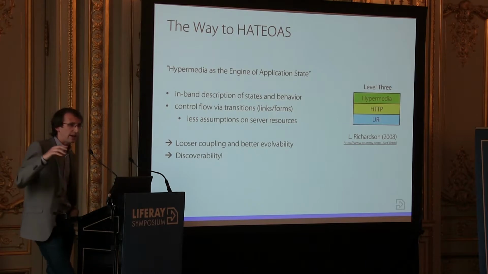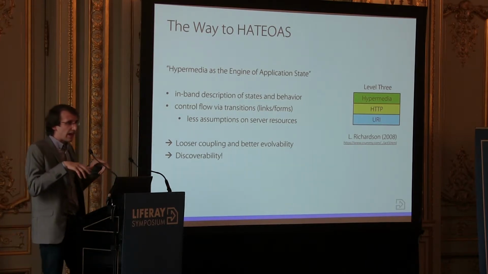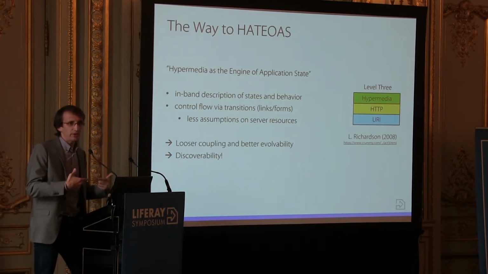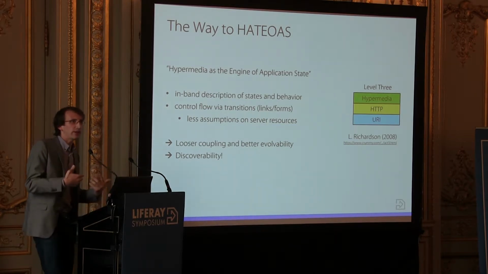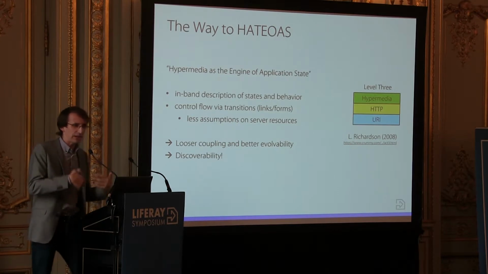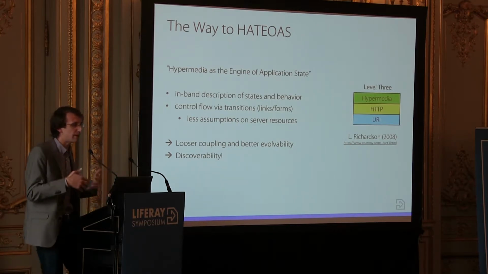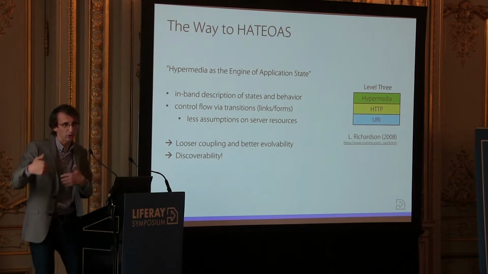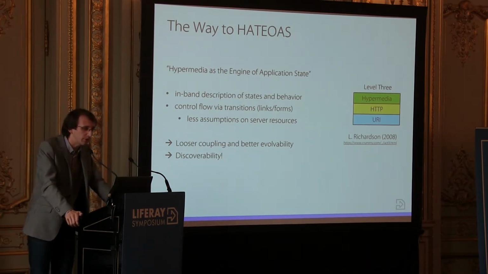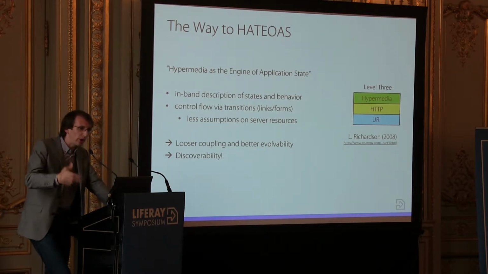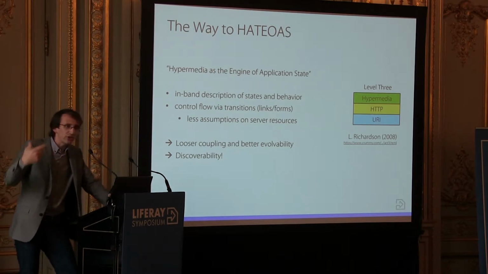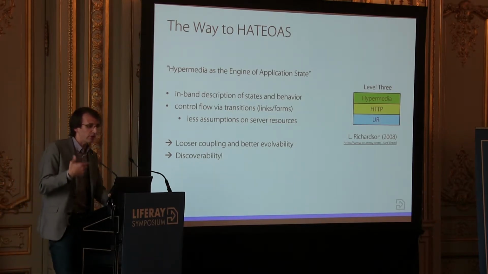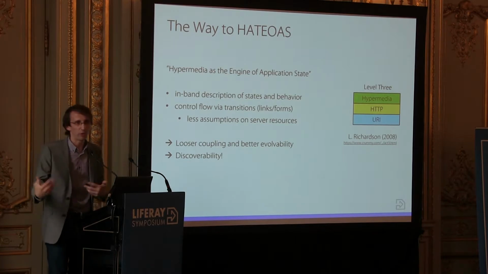What it means is that I am delivering every state and behavior I'm able to do with that API in band. So theoretically, that can save me from documenting lots of things, because they are in band, not documentation out of band, but in the API, right? So the control flow of what I can do with that API is defined by the transitions, and those transitions are expressed with links or forms.